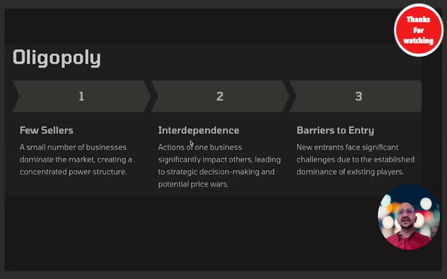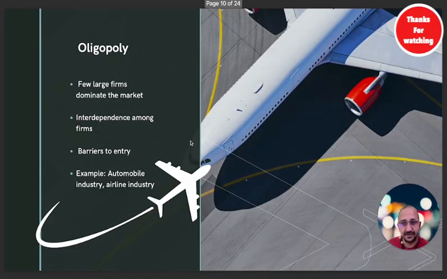But Uber had huge international funding, so it became very difficult for Ola to compete. The decision making of Ola was completely dependent on what Uber was doing. I hope this is clear to everyone.